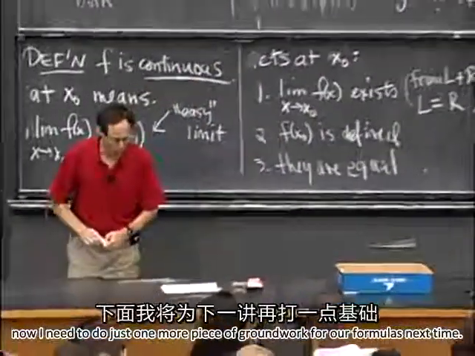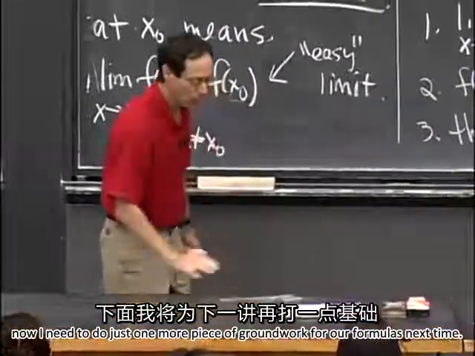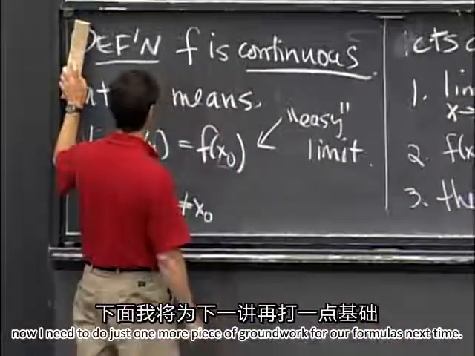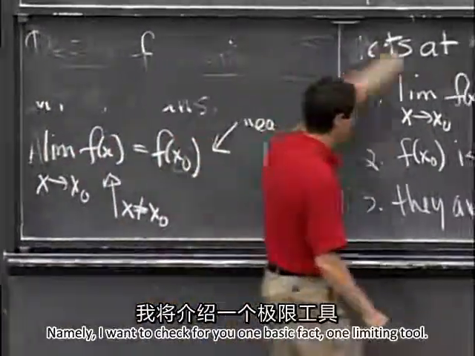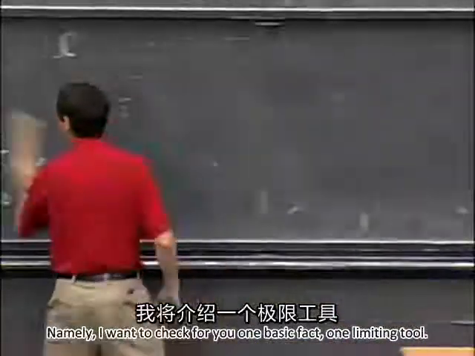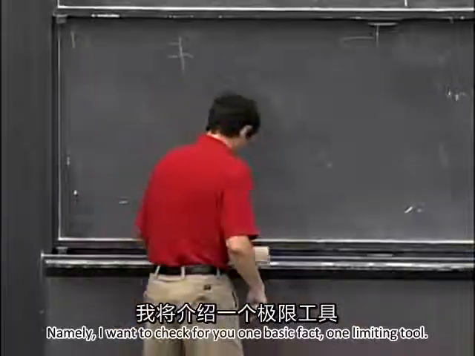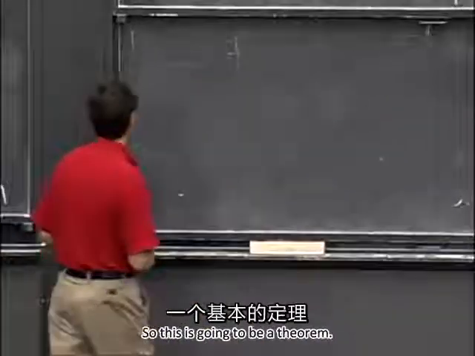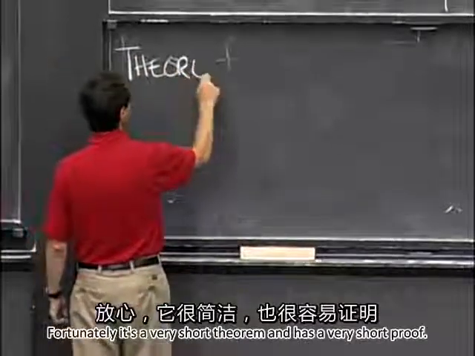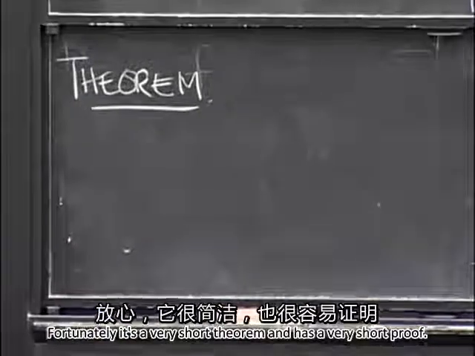And now I need to do just one more piece of groundwork for our formulas next time. Namely, I want to check for you one basic fact, one limiting tool. So this is going to be a theorem, but fortunately it's a very short theorem, and it has a very short proof.